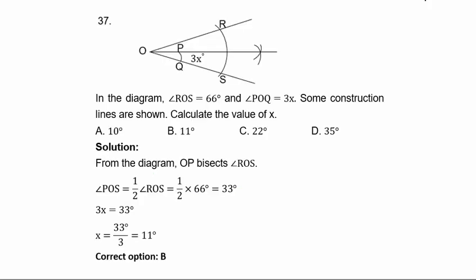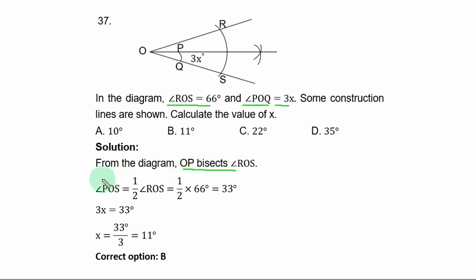Question 37. In the diagram, angle ROS is 36 degrees and angle POQ is 3x. Some construction lines are drawn. Calculate the value of x. From the diagram, OP bisects angle ROS.